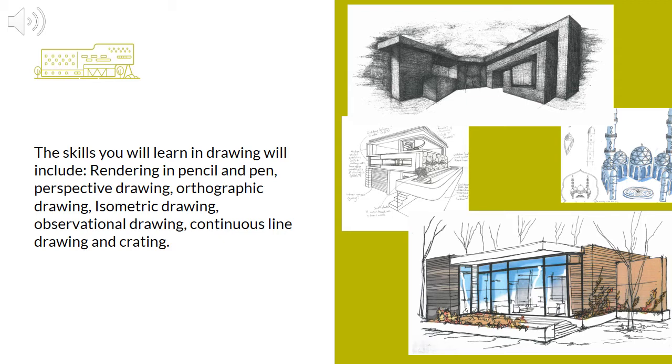We look at rendering in pencil and pen, we teach perspective drawing, orthographic drawing, isometric, we look at observational drawing, continuous line. And then we'll look at adding colour in either Photoshop and Illustrator or rendered marker, so that you feel confident and comfortable in creating something that looks 3-dimensional on a piece of paper.